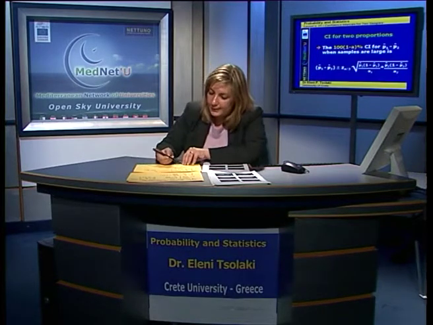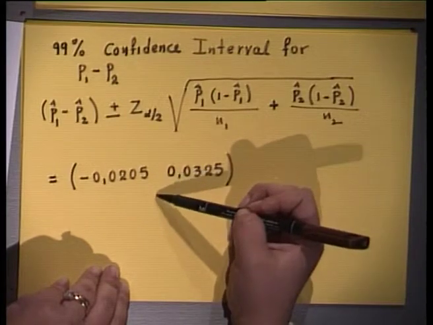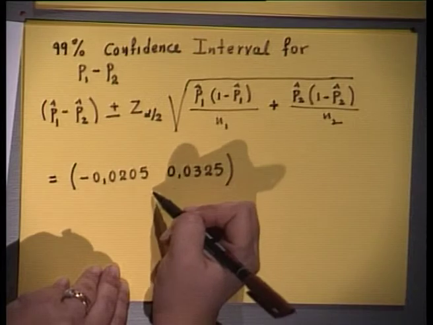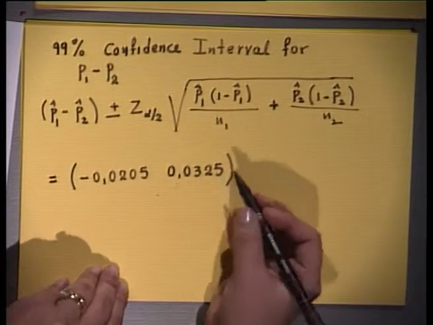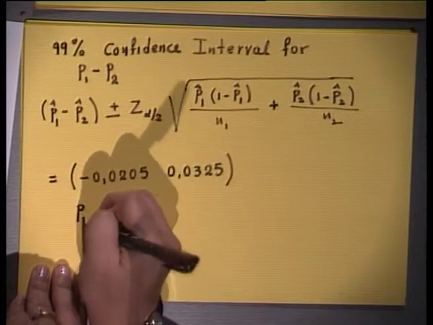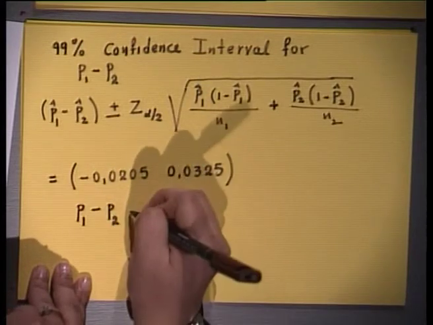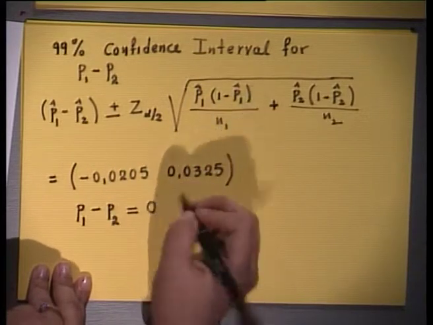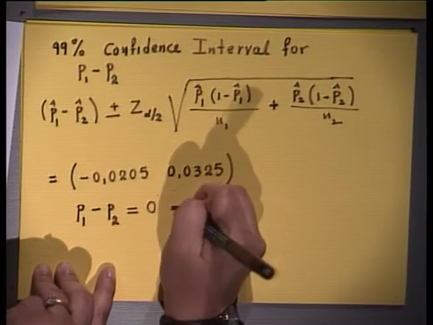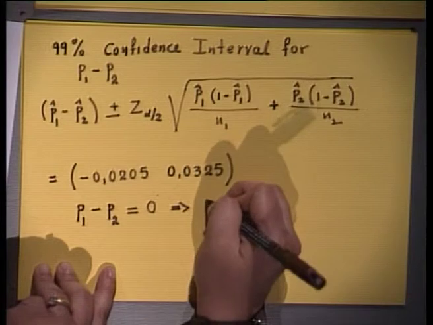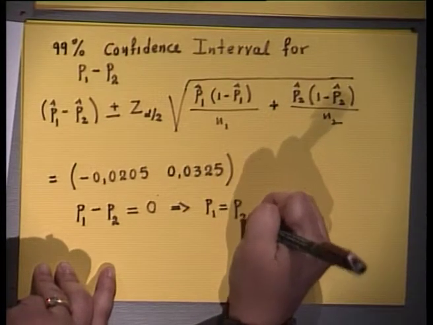So we could say that the number 0 is a possible value for the difference of the two proportions, and actually it is possible that the two proportions are equal.